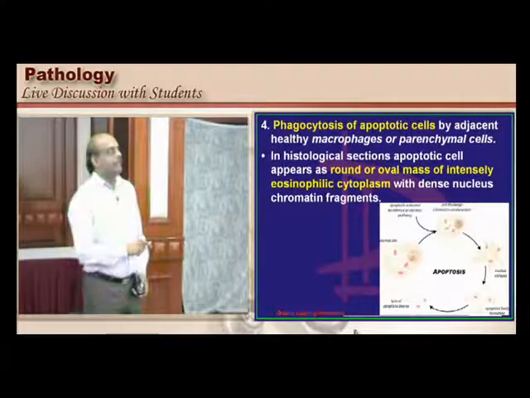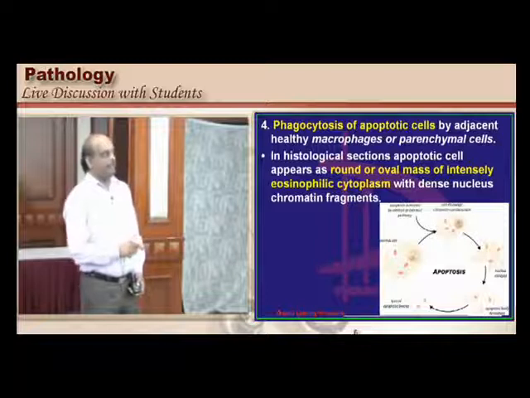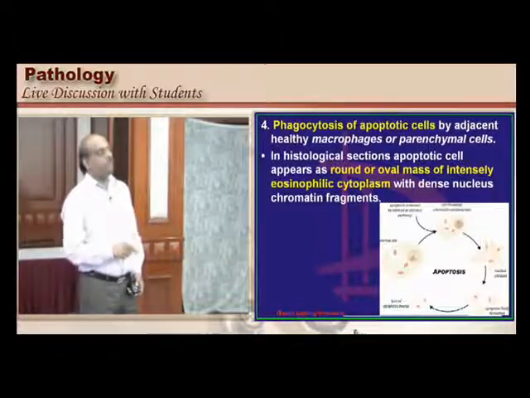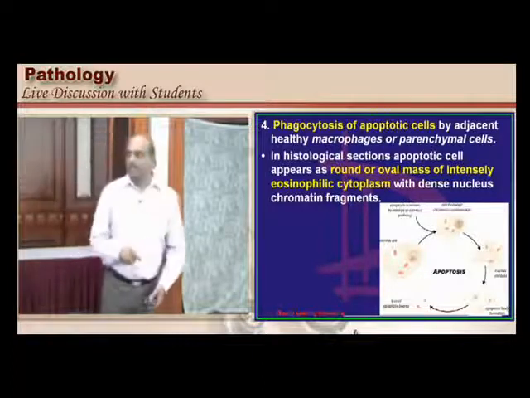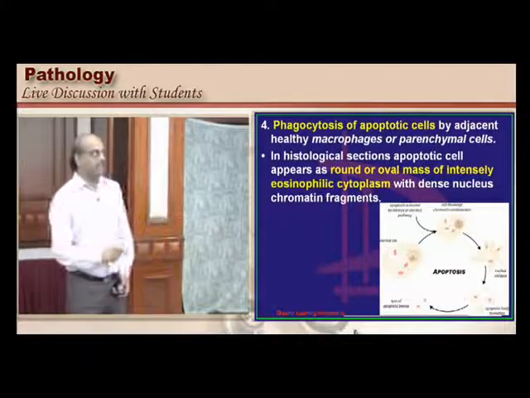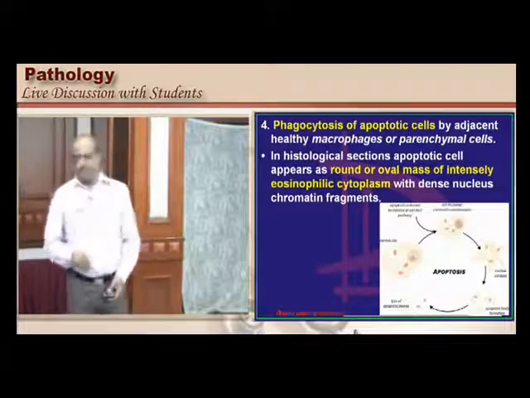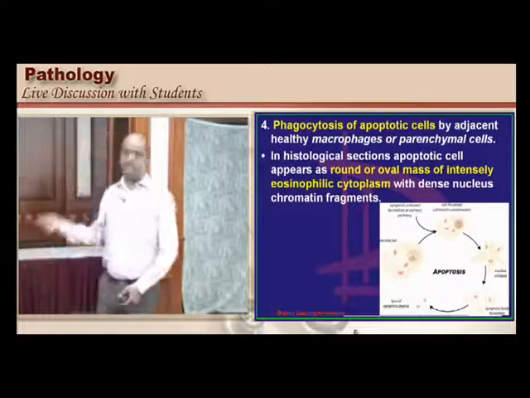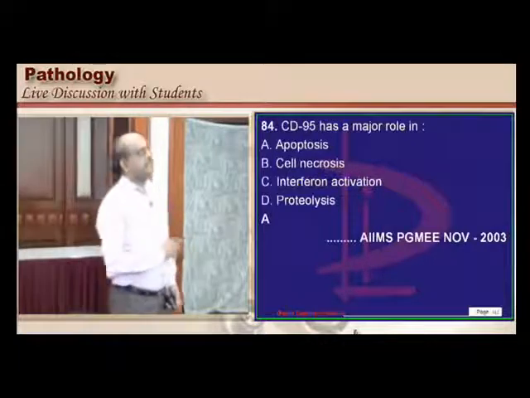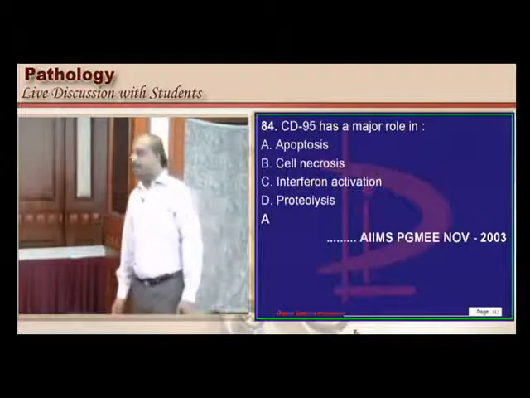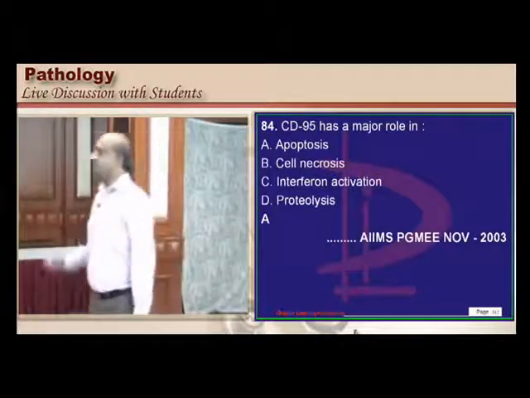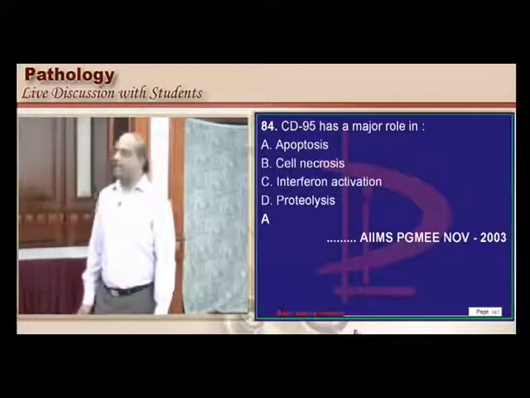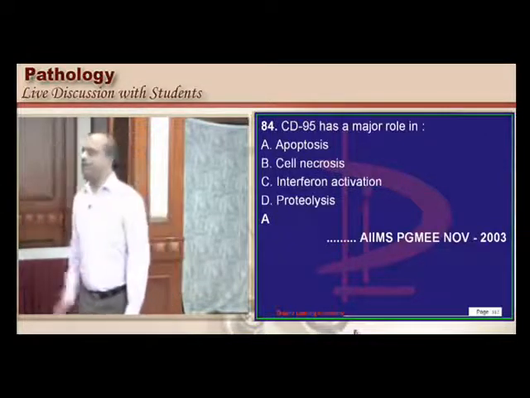The apoptotic cell will finally appear as a round oval mass with intensely eosinophilic cytoplasm and a dense nucleus with chromatin fragments, and that is how apoptosis basically progresses. CD95 is a very important cluster of differentiation protein which has a major role in apoptosis.